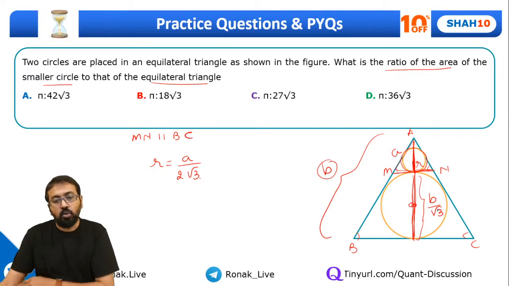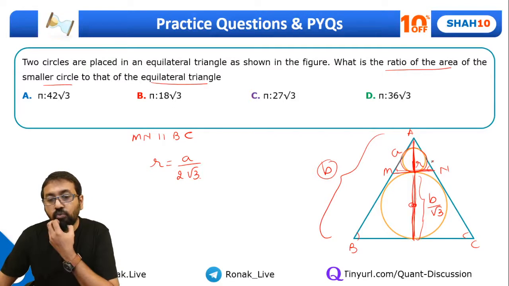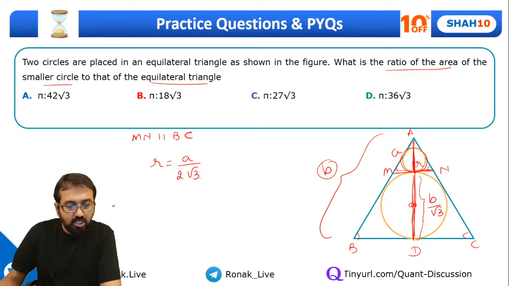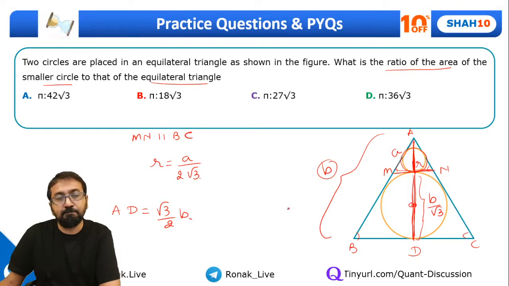And what is the height of this complete triangle? Let me take this as D. So can I say AD is equal to root 3 by 2 times the side, that is root 3 by 2 times b? Yes or no? I'm sure you would agree with this, correct?